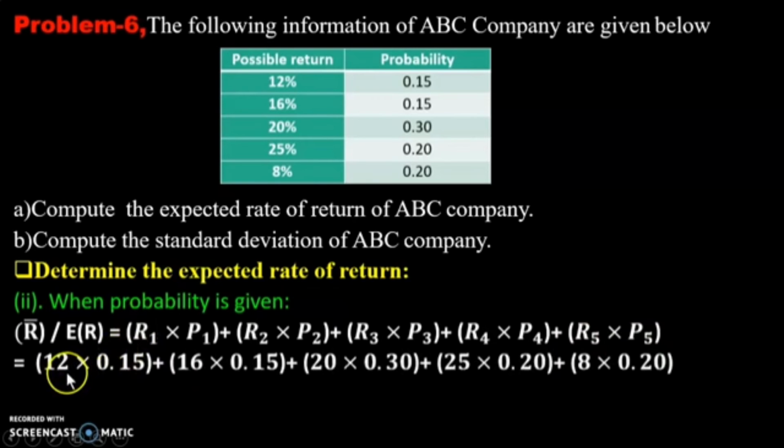Here R1 equals 12% into P1 0.15, plus R2 16% into probability 2, 0.15, plus R3 20% into probability 0.30, plus R4 25% into probability 0.20, plus R5 8% into probability 0.20.